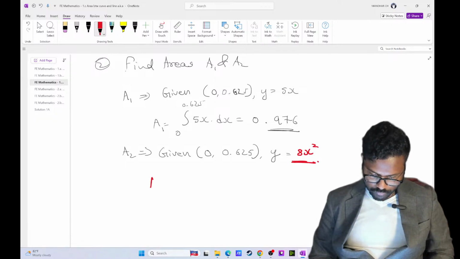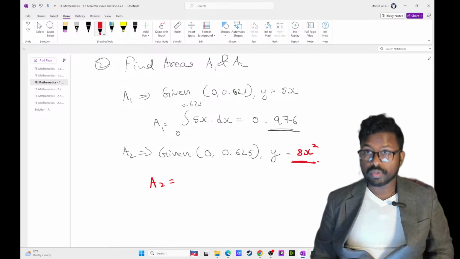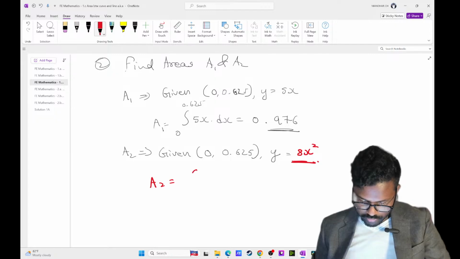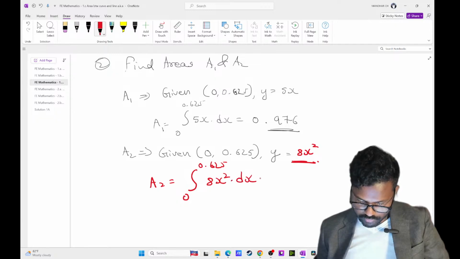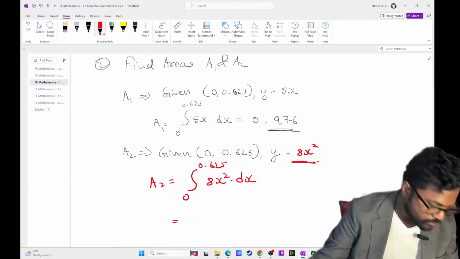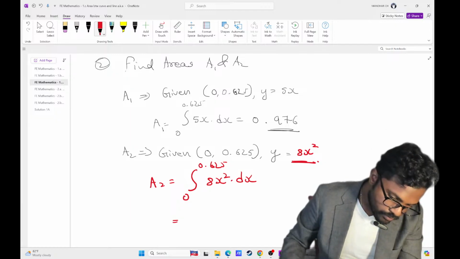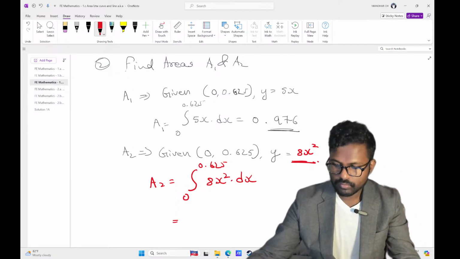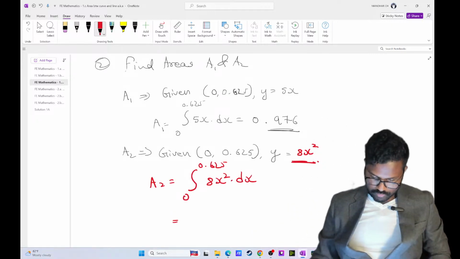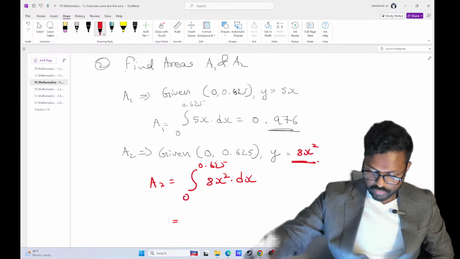Resuming the lesson again. So we can solve this on our calculator.